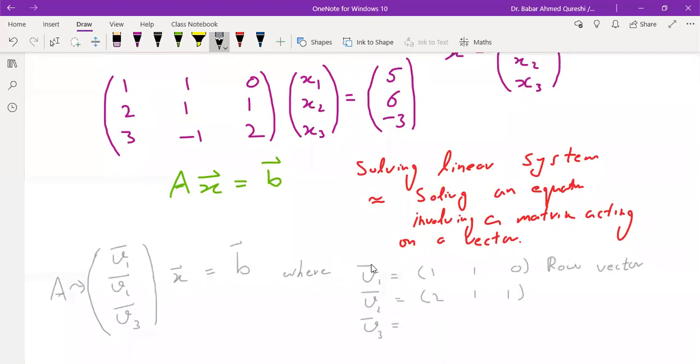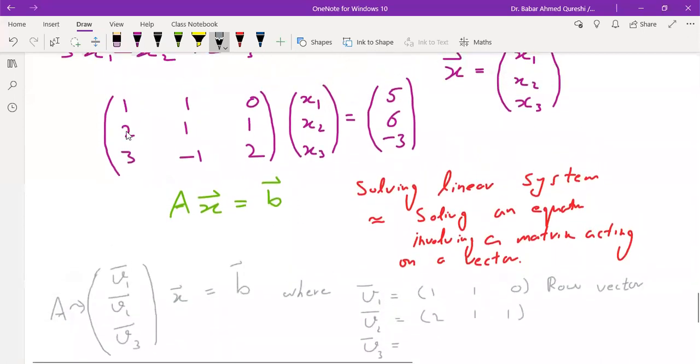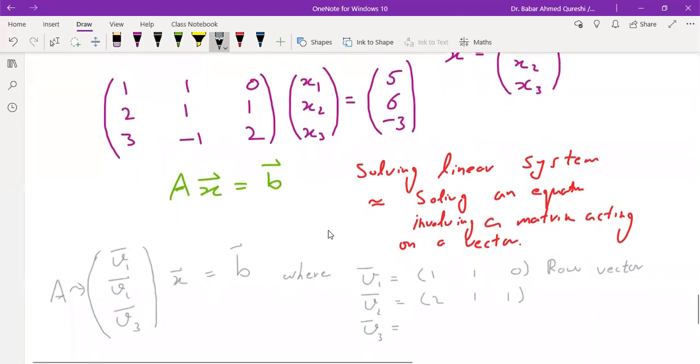And I denote it without a spike on the arrow, just a bar. So this matrix has 3 row vectors in it, which I have written over here. So if I write something like this, that's a matrix, a collection of rows. This particular matrix has these 3 rows.